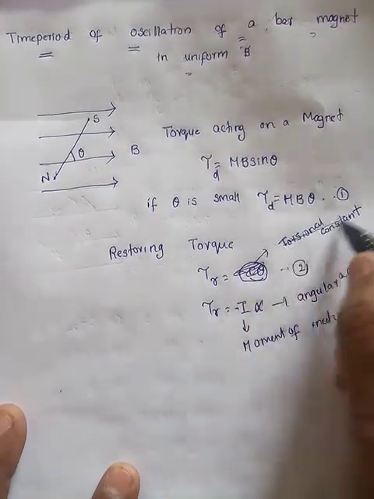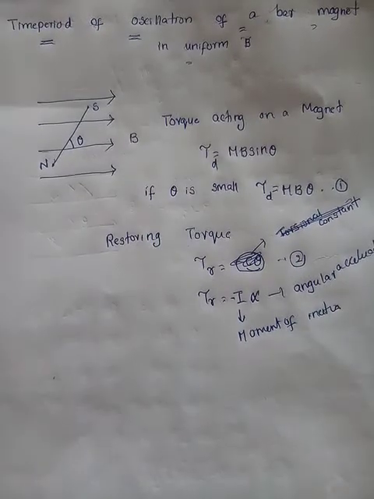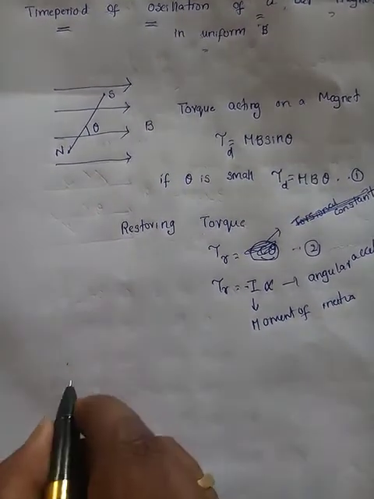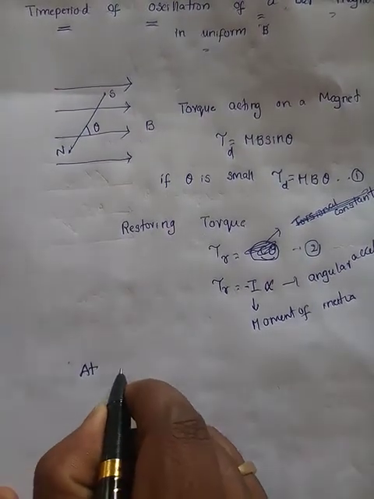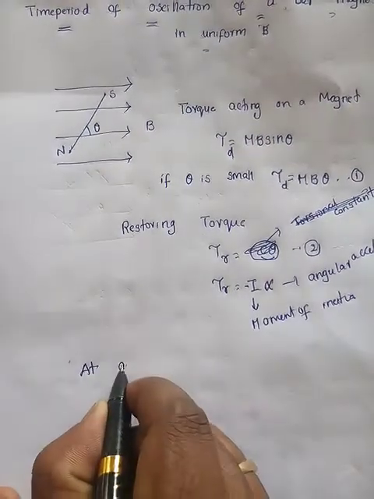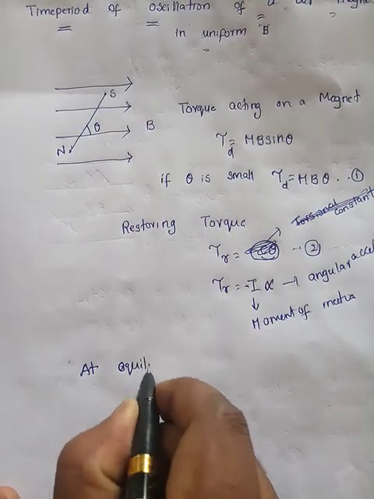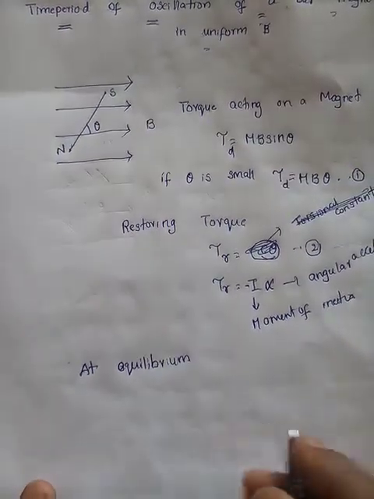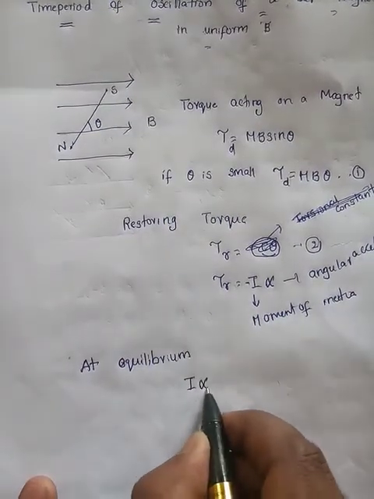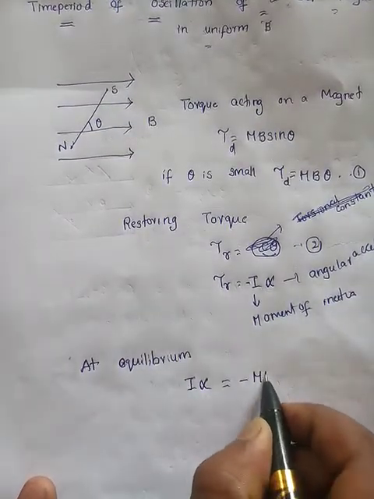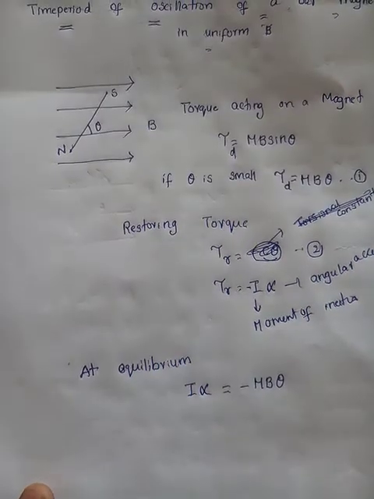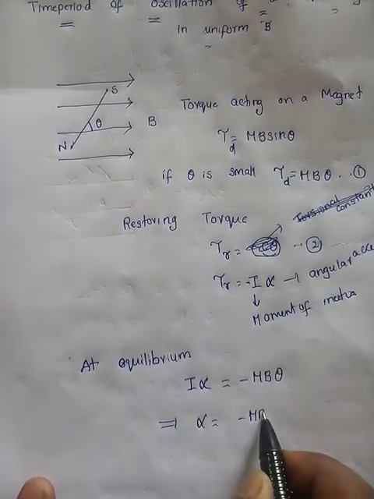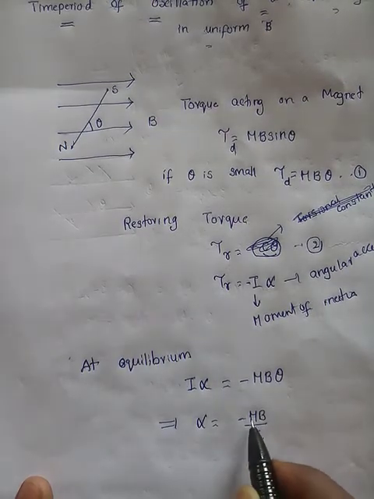Do not take the earlier one because that is for a spring. So, if the bar magnet is to be at rest, meaning at equilibrium, both should be equal and opposite in direction. I alpha equals minus mB theta. That implies alpha equals minus mB by I into theta.